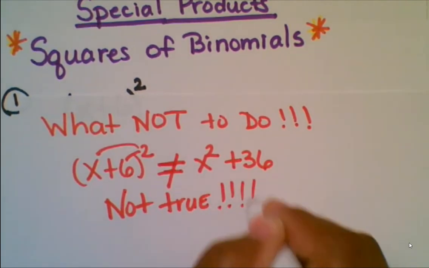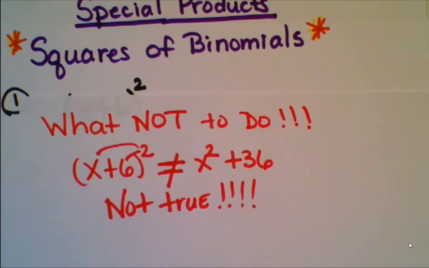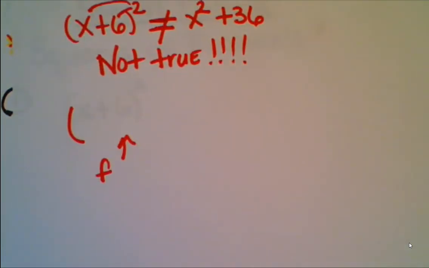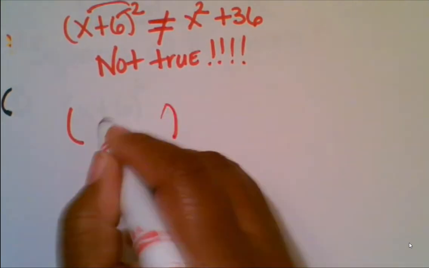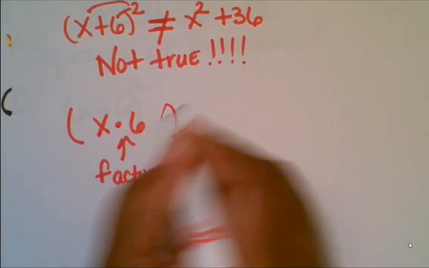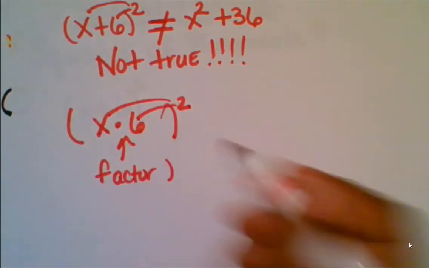The only way that you can take the exponent of 2 and distribute is if you have factors inside the parenthesis. It would have to say x times 6 squared, then we can distribute the 2.